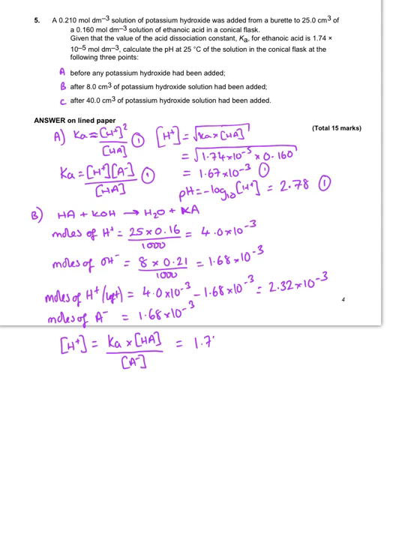So we've got 1.74 times 10 to the minus 5 multiplied by the concentration of the acid, which is going to be 2.32 times 10 to the minus 3, divided by the total volume, and the total volume would be 25 plus 8, so it'd be 33.